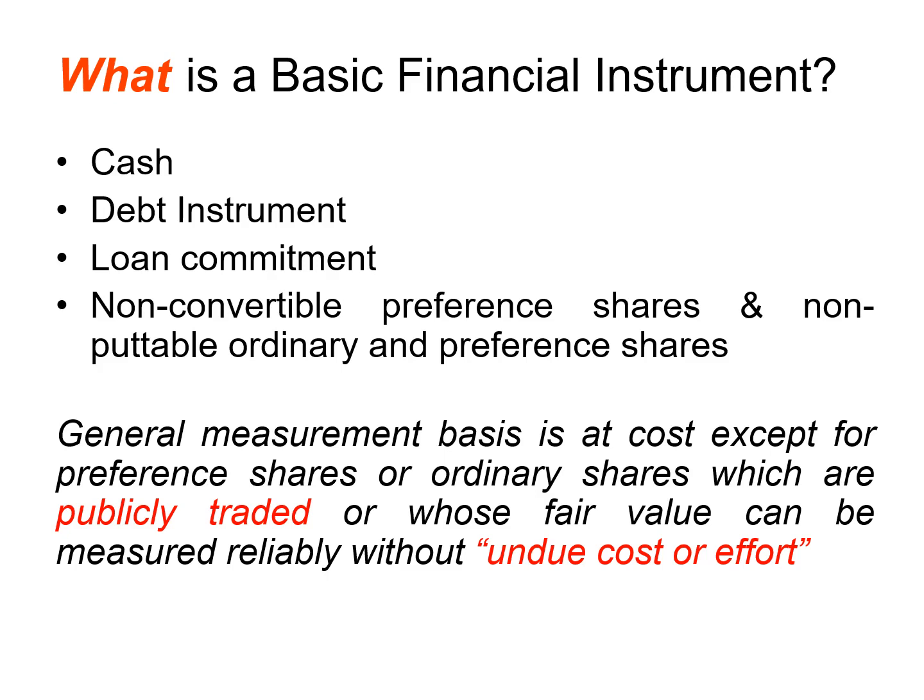Now, the general measurement basis of such financial instruments will be that they're carried at cost, with the exception of preference shares and ordinary shares that are publicly traded or whose fair value can be measured without undue cost or effort.